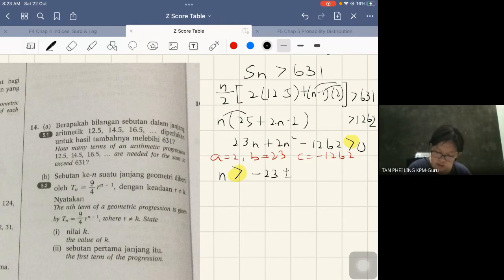Minus b, minus 23 plus minus square root of b square, 23 square minus 4ac. Now remember that this type of question is purposely to test you. They want to see this line because this line itself will give you marks.